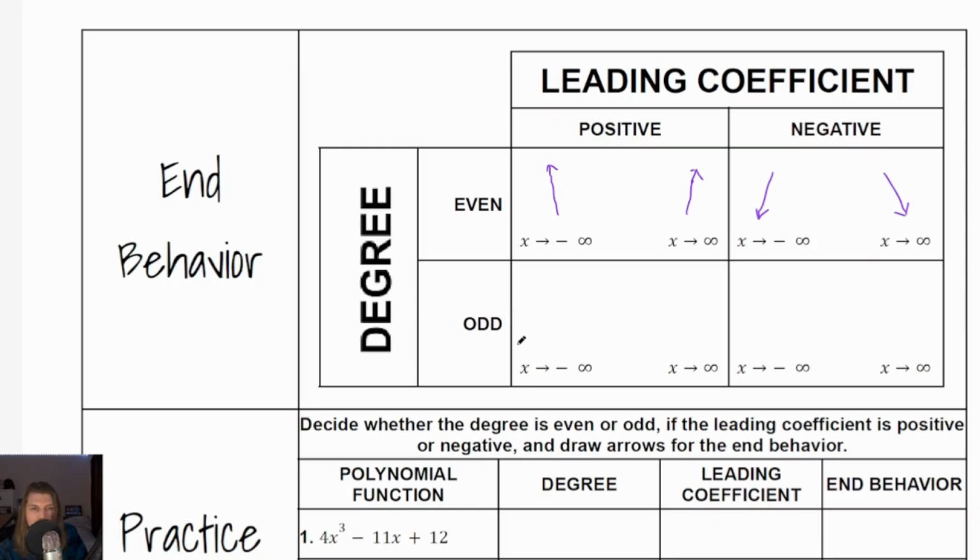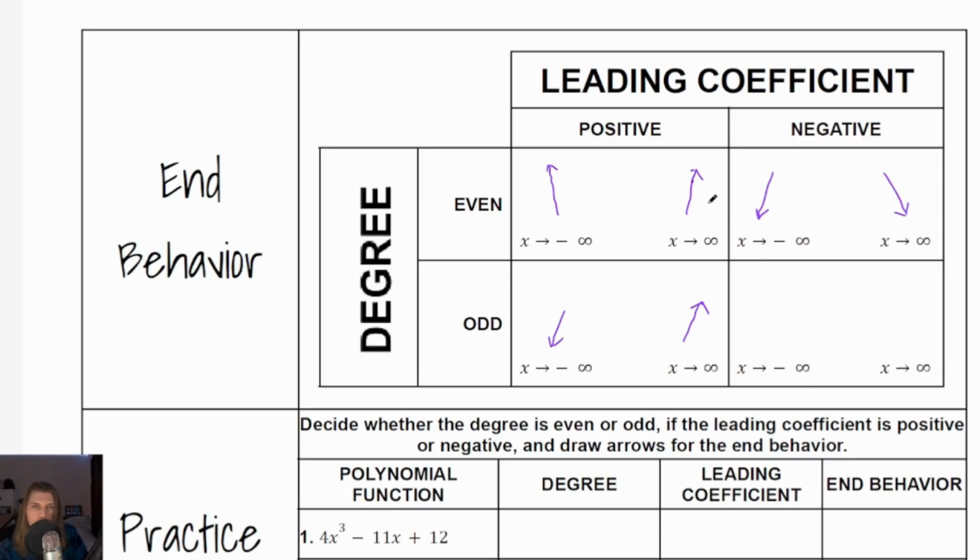Now, if we have an odd degree, as x goes to the left, then our y is going to go down, and as x goes to the right, or goes to positive infinity, our y is going to go up. So down to the left, up and to the right.